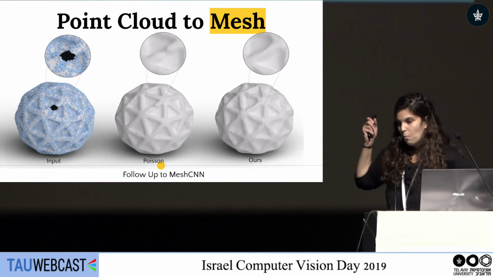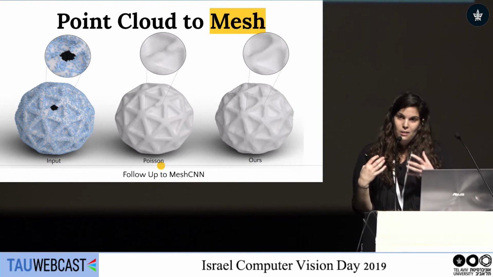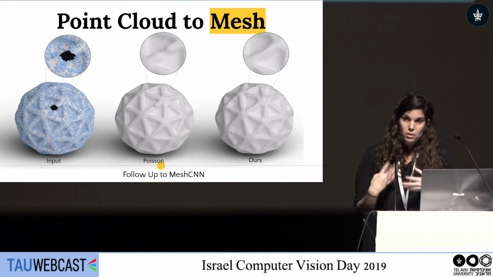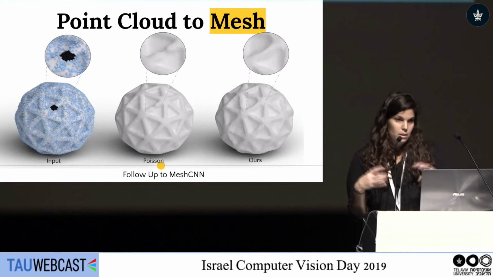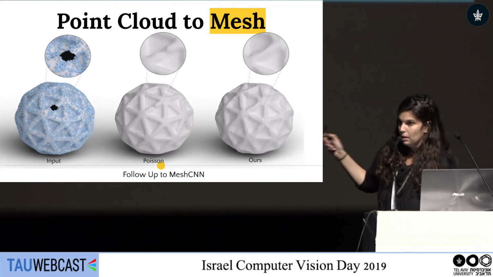However, when we're training a single network to overfit to a shape, it inherently exposes and leverages the repetition and self-similarity present within a single shape. So that's one thing we're working on.